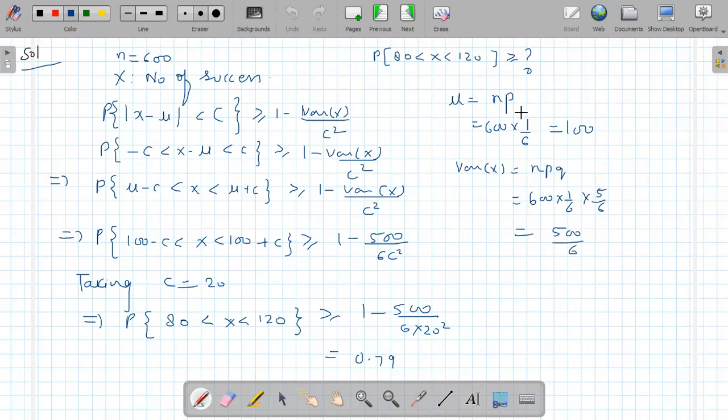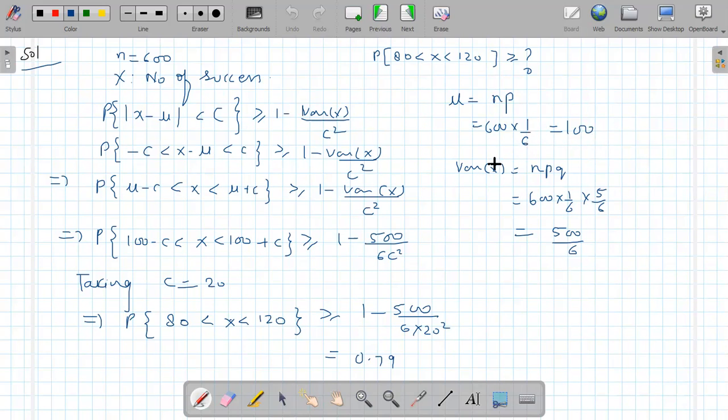Now we find mean first of all. Because this is a binomial distribution, we have success or failure, and they are repeating in each and every trial. There are only two outcomes. So mean value of a random variable x is given by n into p. N is 600, p is probability of success, which is getting 6, which is 1 upon 6.